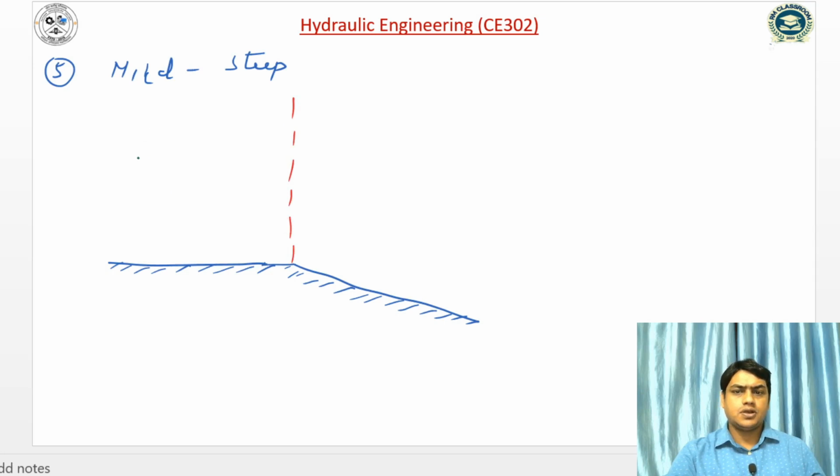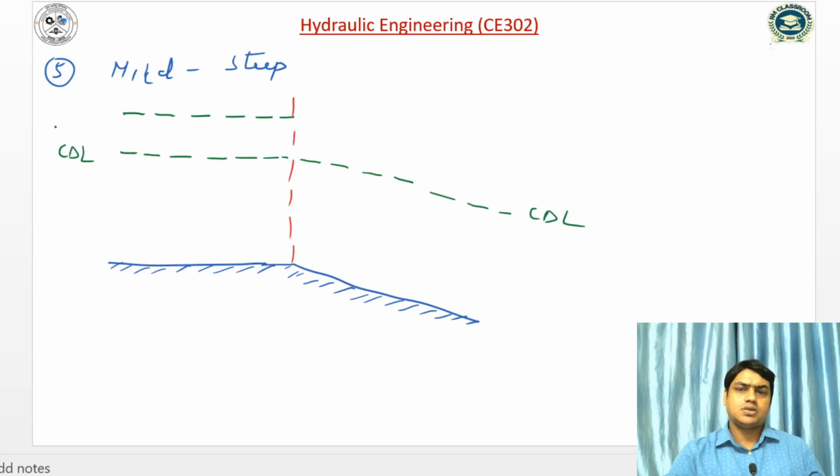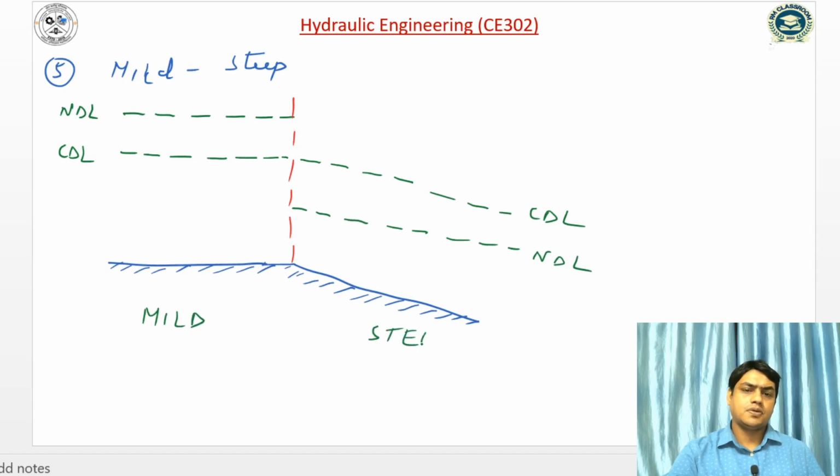So if I draw the critical depth line, this is CDL, and in mild, NDL is above the CDL. This is the NDL, and in steep, NDL is below the CDL. So this is NDL. This is mild. This slope is steep.